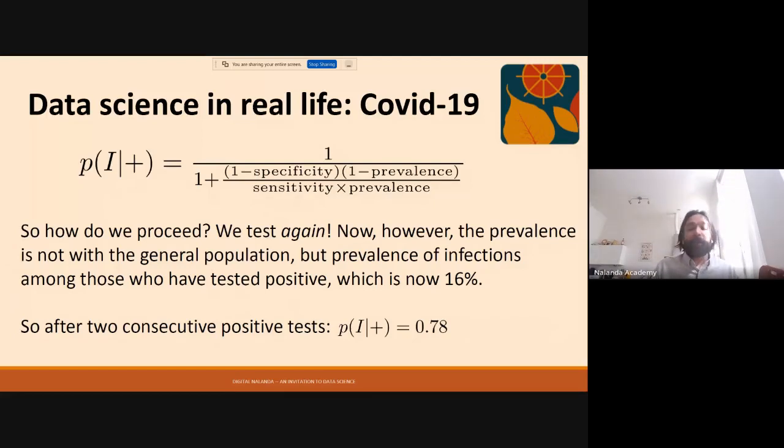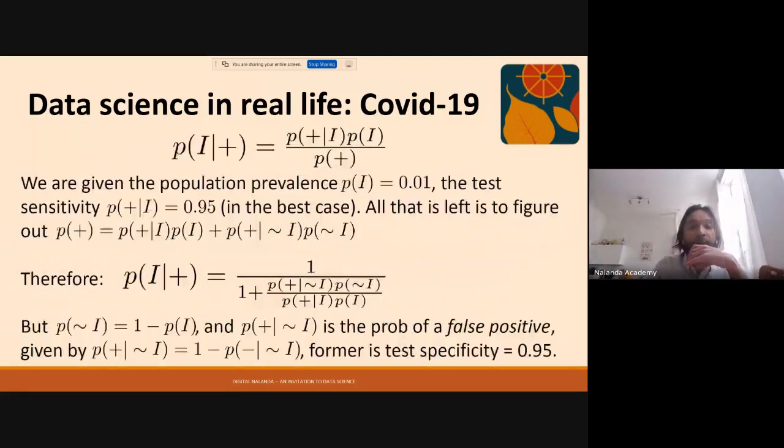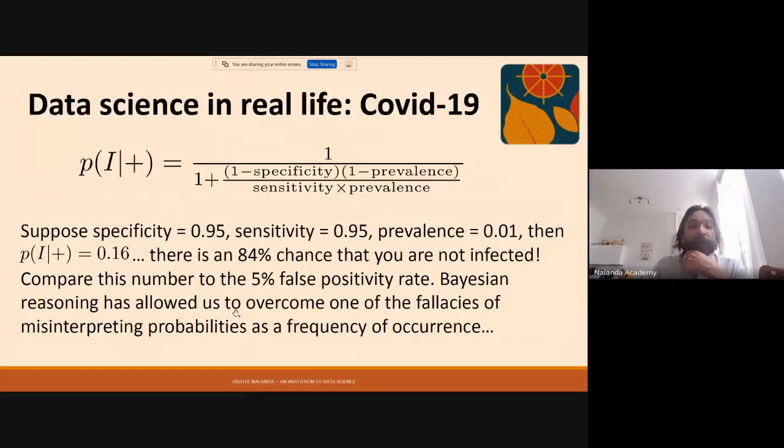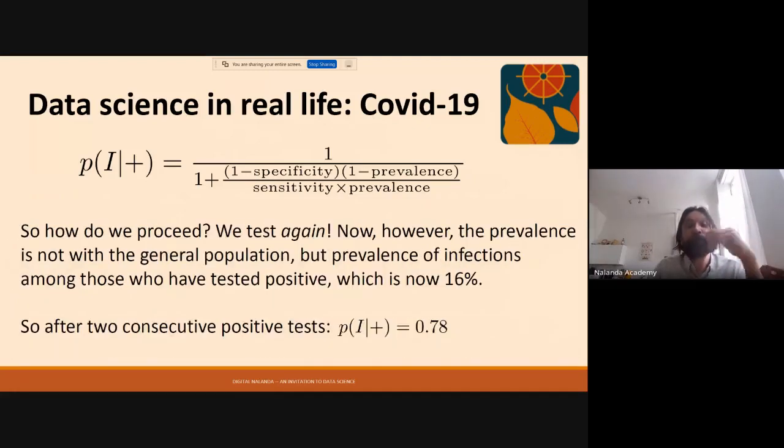So we've done this once, and found that the probability that you're really infected, given the positive test result, is 16%. So now you're in a population where 16% of all of the people with positive tests are indeed infected.